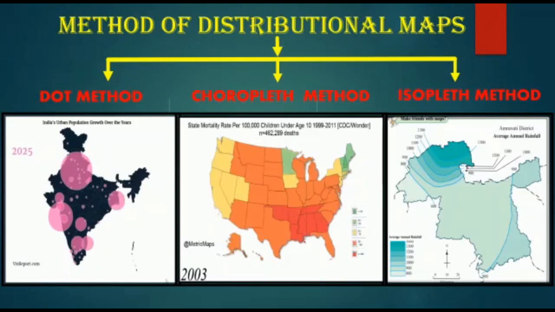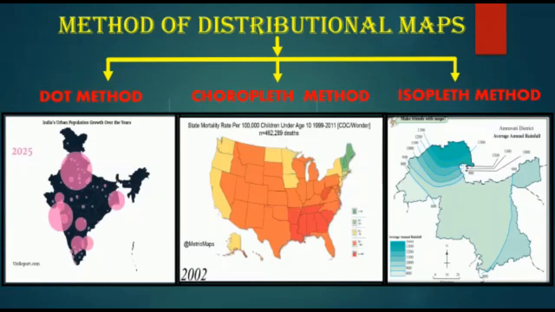In the dot method we have studied that dots are used to show the distribution of a particular variable as per the way the variable is distributed throughout the region. Dot maps are most suitable for a variable which is freely scattered across the region.